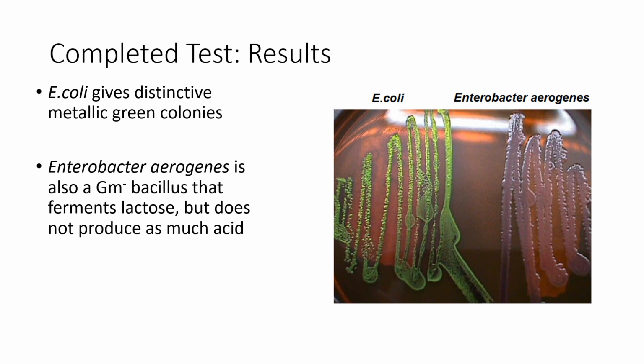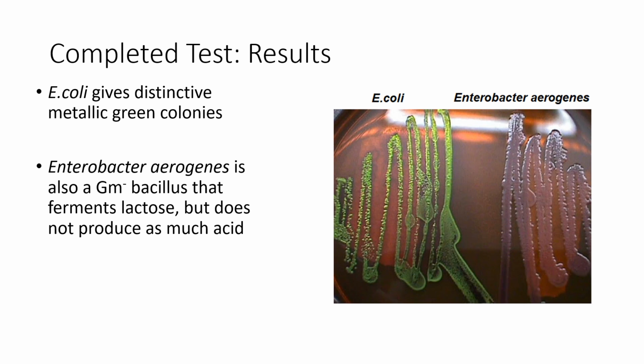You will get a metallic green colony for E. coli and E. coli only. And the reason is all those acids that E. coli makes, lactic acid, succinic acid, acetic acid, react with the eosine and the methylene blue to give you this distinctive color, this metallic green.